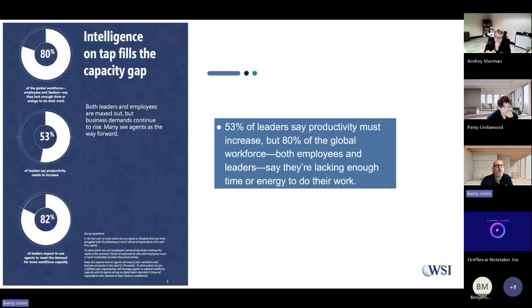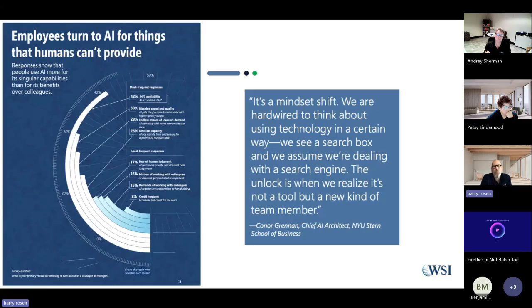Very simple, right? So what's going to happen is employees will start to turn to AI for things that humans can't provide. 24/7 availability, unlimited capacity, endless stream of ideas on demand. There's no fear of judgment. AI will say something. If it's wrong, it's wrong. They don't care. There are no feelings that get hurt, or people might not feel comfortable saying things out loud.